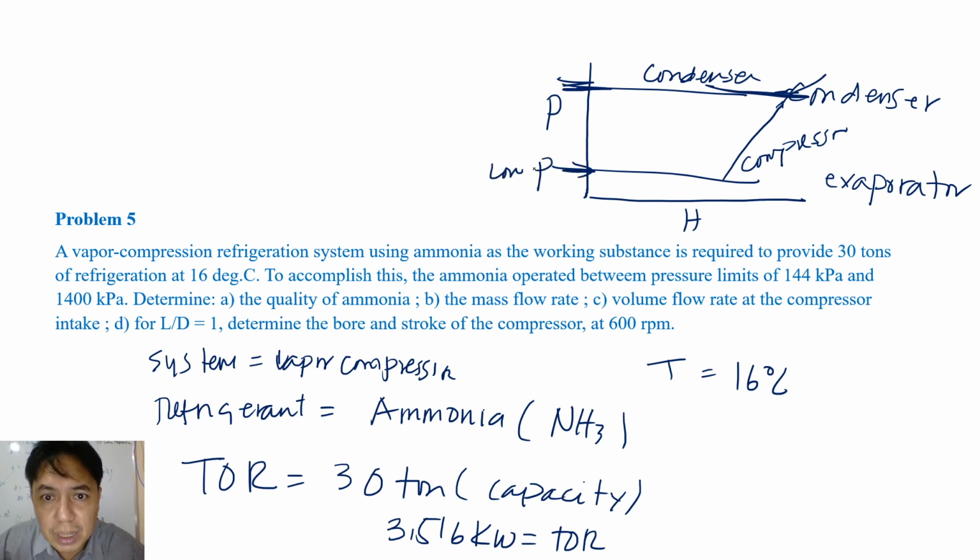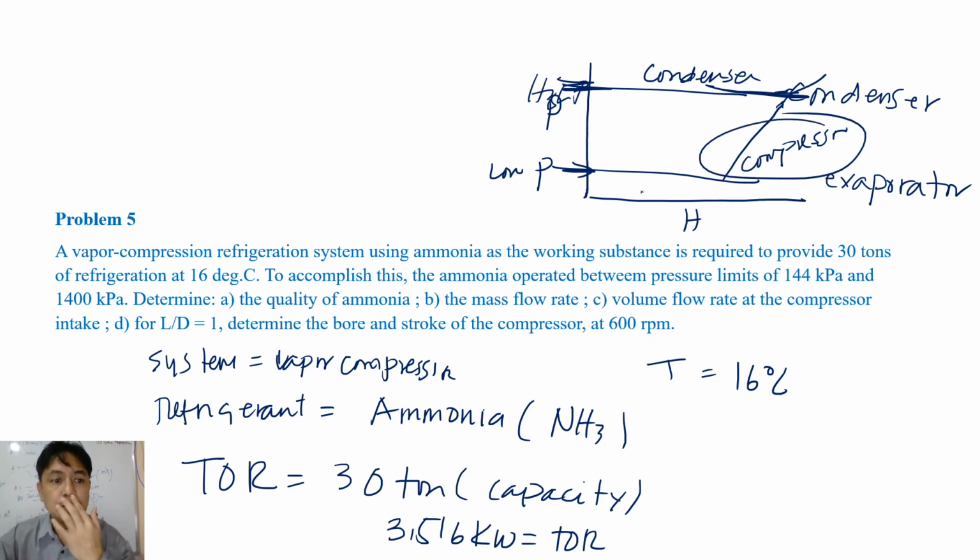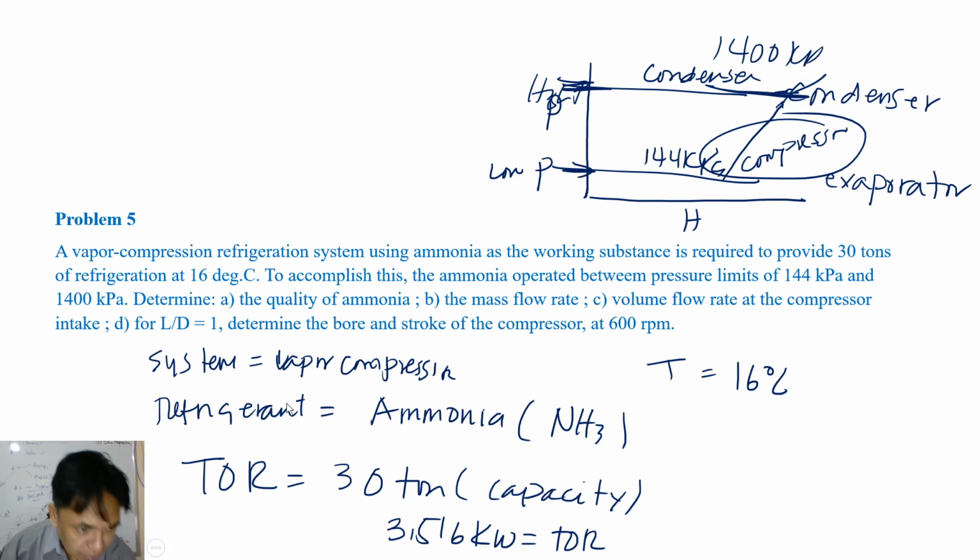Bakit naging mataas? Pinataas ng compressor. Okay? Yun lang yun. So, pag sinabing low pressure, 144, nangyayari yun dito. At yung isa pa, high pressure, nangyayari yun dito sa 1,400 kilopascal.